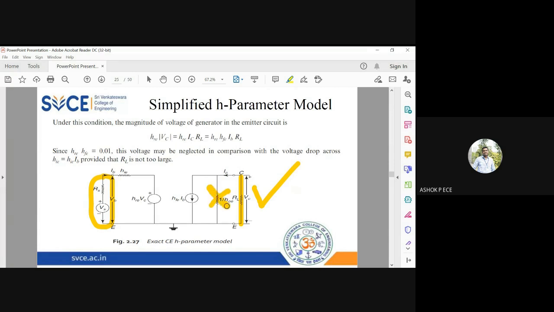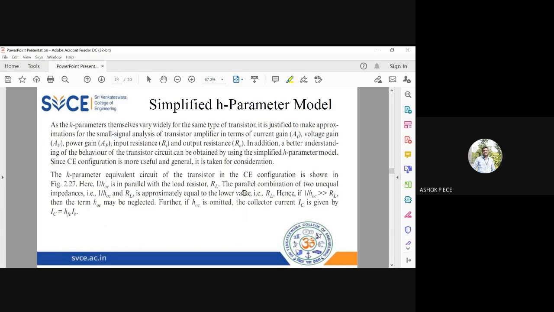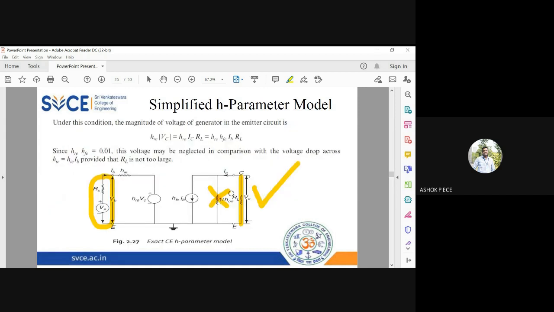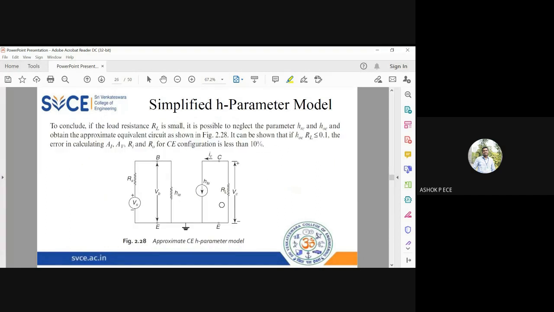Because compared to RL, 1 by HOE is very large, you can neglect the term HOE. So the first thing, I'm going to omit this 1 by HOE term. That is going to be my first step of approximation.